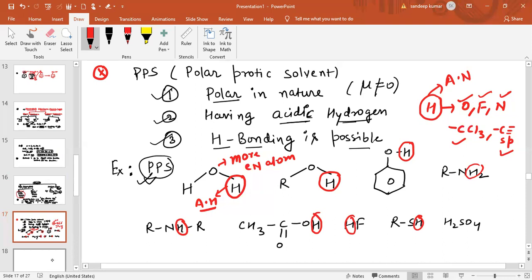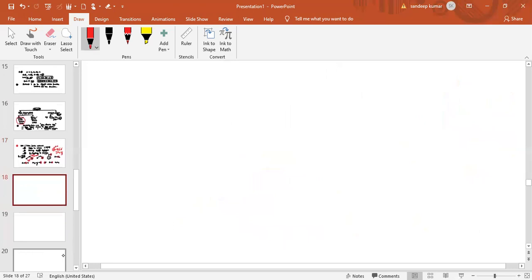So basically the main concept is, in case of polar protic solvent, what happens?